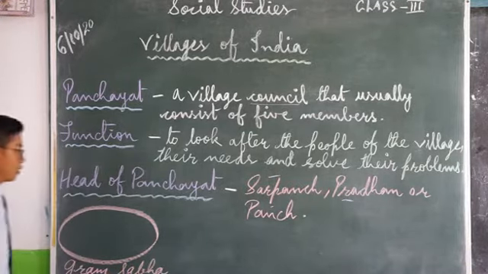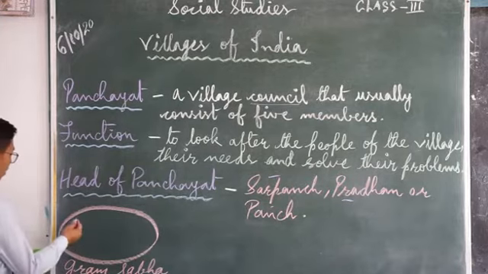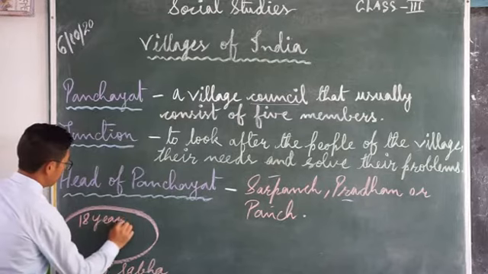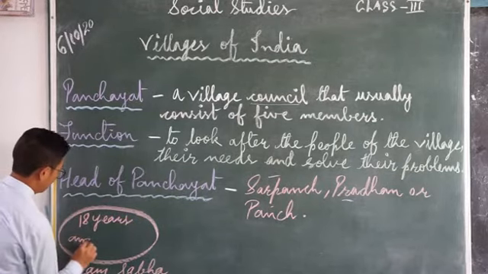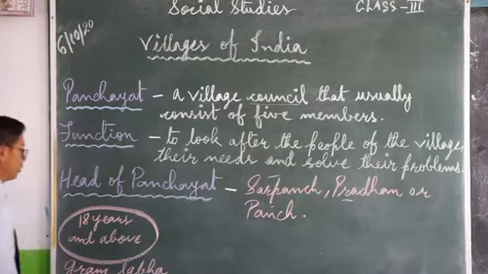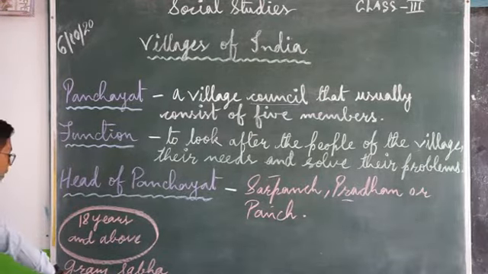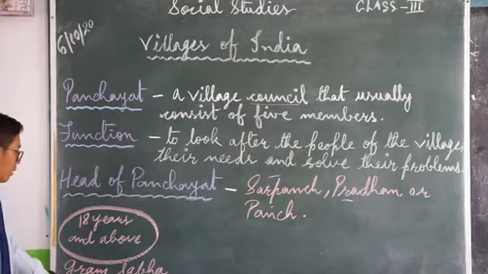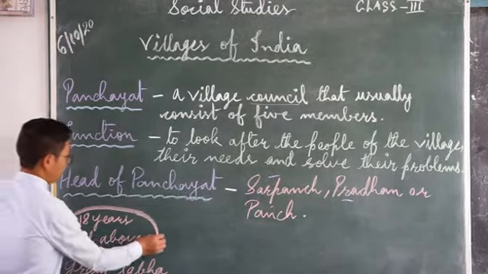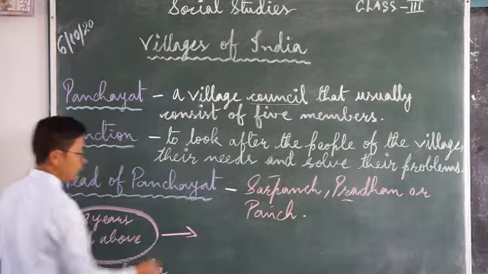So in this Gram Sabha, who are there? People who are 18 years and above. The people who are 18 years and above make up the Gram Sabha. Okay? So Gram Sabha is kind of a meeting in the village, where the people meet.